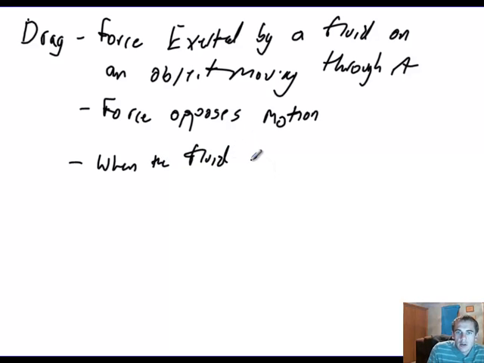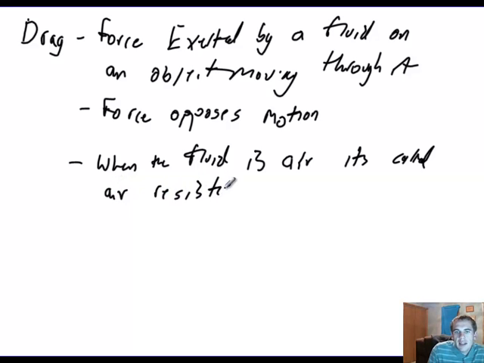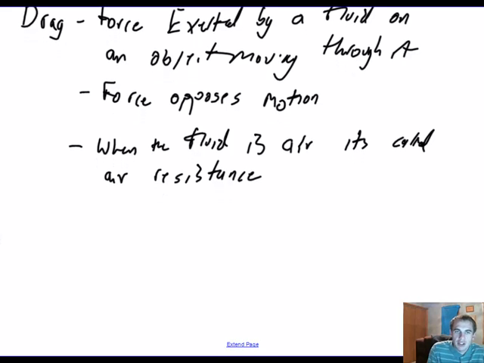Creative, huh? So when the fluid is air, it's called air resistance. And the math that gets into this can get fairly complex in a hurry. It has to deal with the shape of the object, the surface area of the object, how fast the object is going.